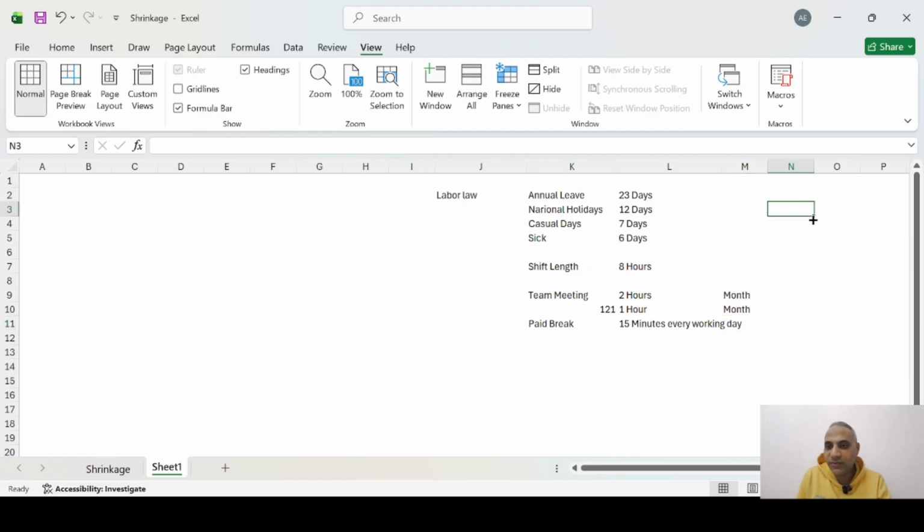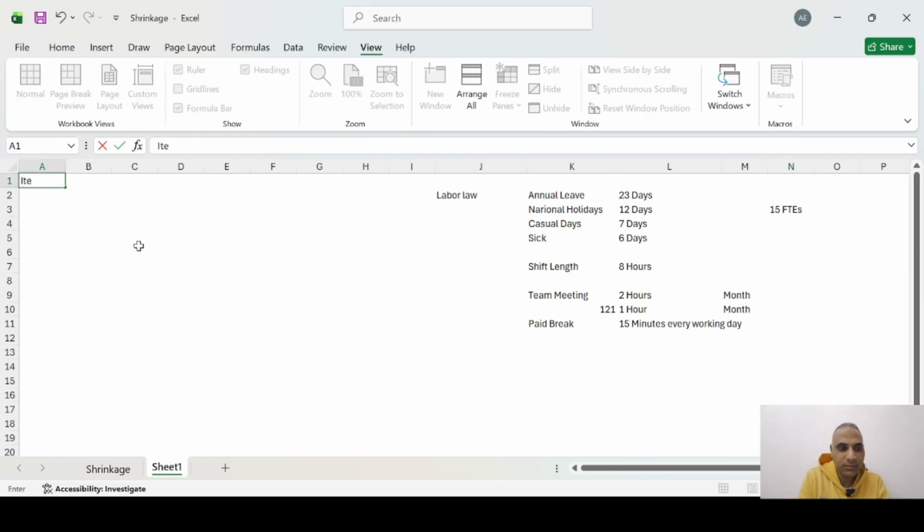After our calculations, we found that we need 15 FTEs to handle this queue. So you say, okay, that's fine. We need to know the items of the shrinkage. We need to know how many hours and also days, target in percent.